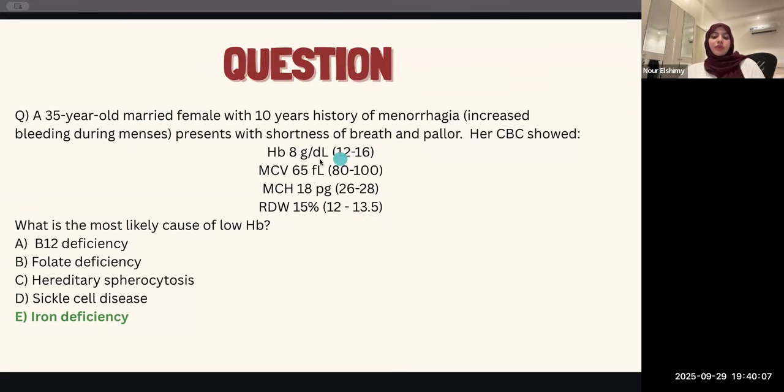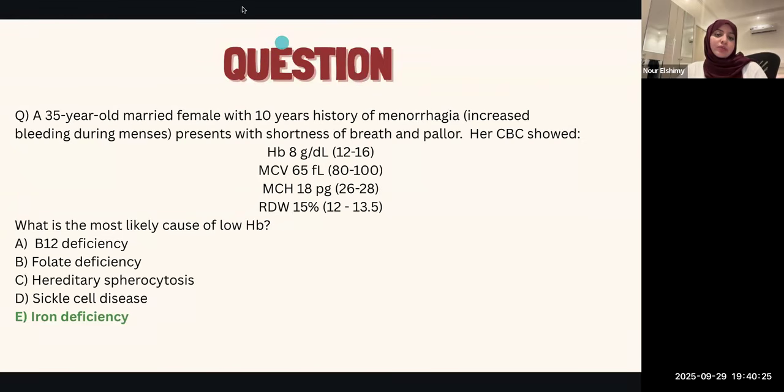This is exactly how you are going to get the questions in your exams. You're going to have the normal range in front of you, so you're just going to have to compare, okay? If the hemoglobin is low, the MCV is low, MCH is low, that is microcytic hypochromic, right? And what did we say about microcytic hypochromic? The main important example of microcytic hypochromic anemia is iron deficiency.